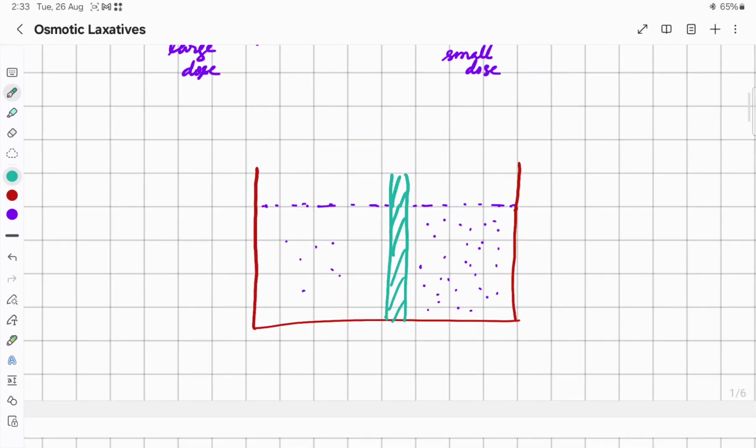So, osmotic laxative, before that let us discuss what is osmosis. So, we know if there is high concentration and low concentration, then according to the law of equilibrium, the solute should move from high concentration to low concentration.